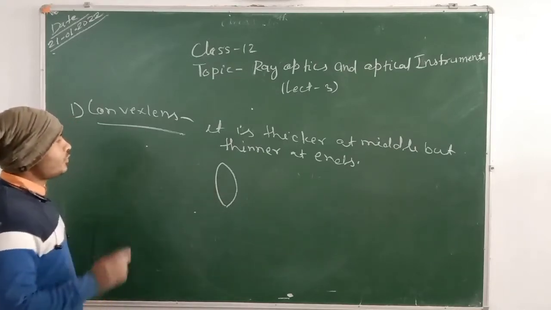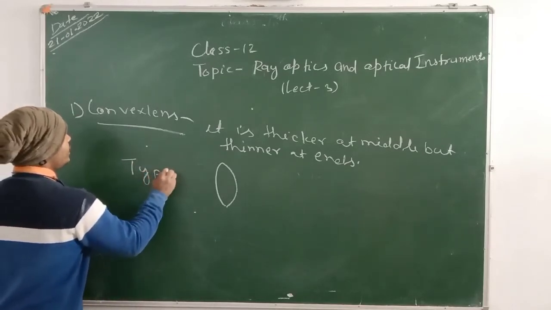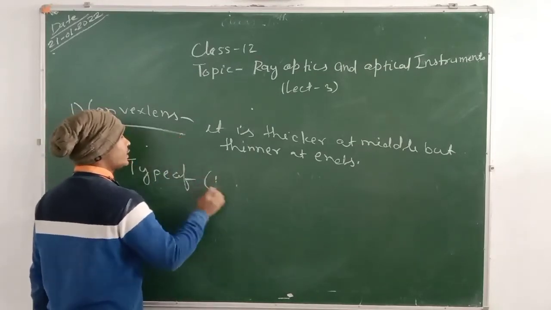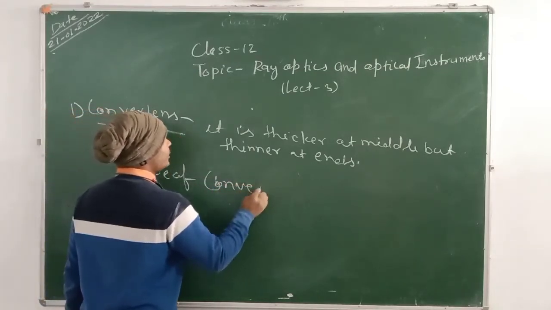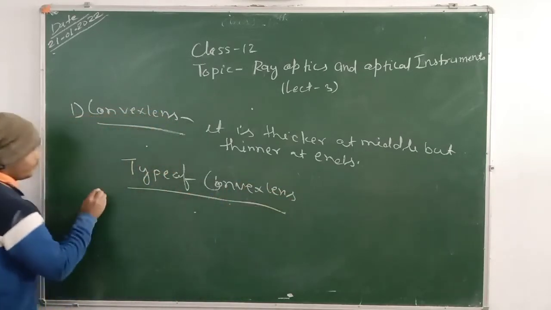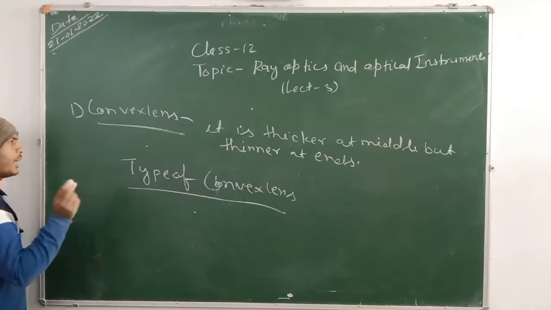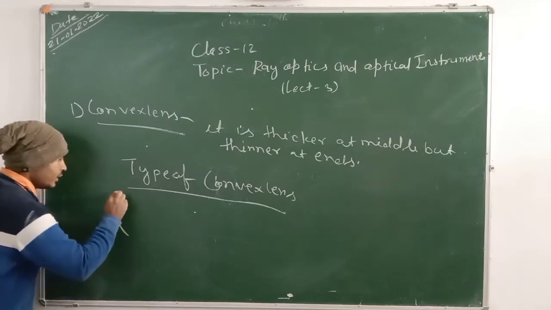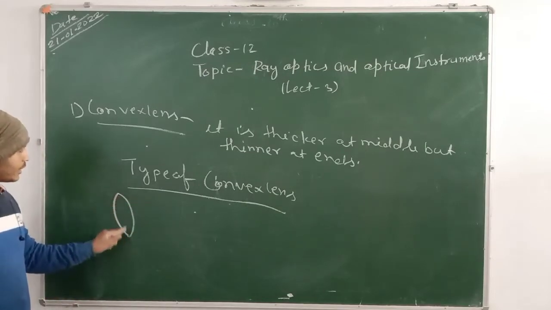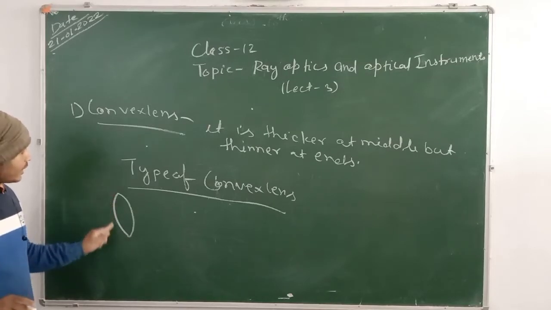There are three kinds of convex lens. Means now we have to see types of convex lens. One is biconvex lens, in which both the surfaces are convex and both the surfaces are spherical.